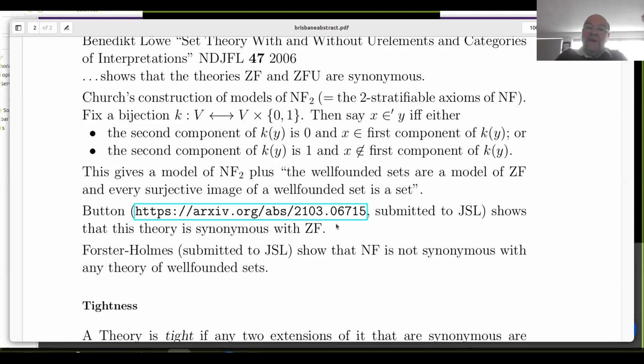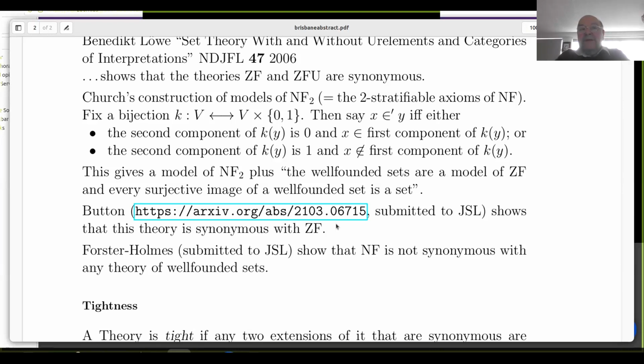Quite why this is so is not clear. I think it's obviously something to do with the fact that NF proves the existence of more sets than NF2 does. But what it does tell us is that the mathematics that NF is reporting on is different from the mathematics that ZF is reporting on.